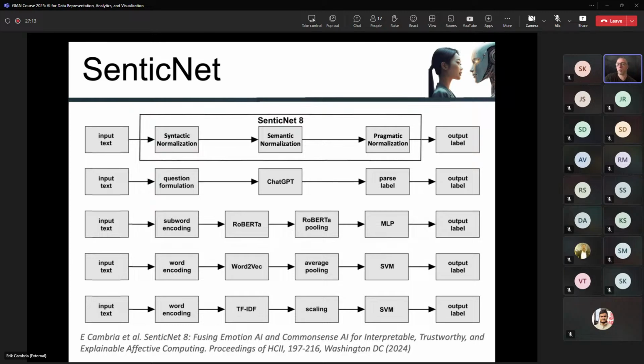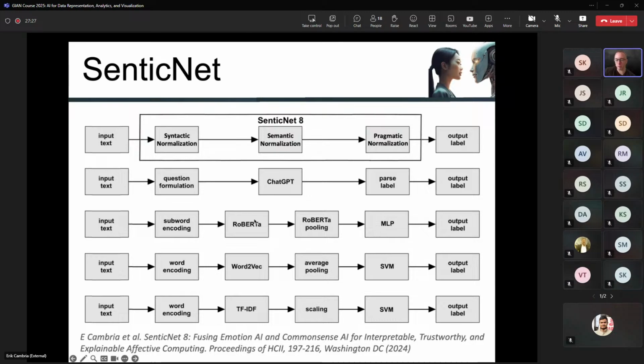But the latest paper is quite interesting because we compare SenticNet with ChatGPT and other NLP models that are very good, like RoBERTa, which, as I mentioned, is still considered one of the best transformer models for NLP, and also Word2Vec, the continuous bag of words model, and also the bag of words model, TF-IDF, the term frequency, inverse document frequency, that we briefly discussed at the beginning of lecture one.